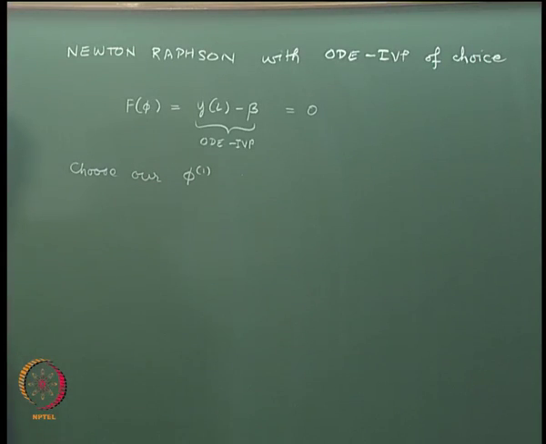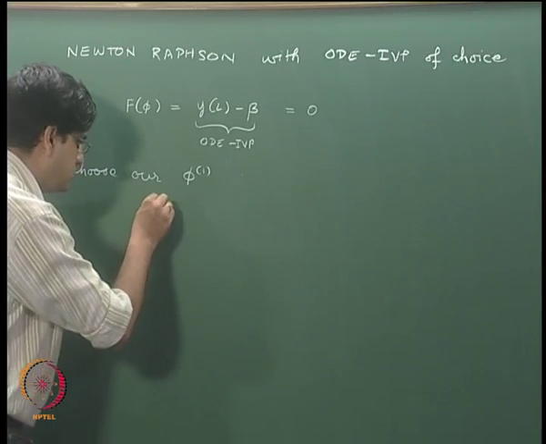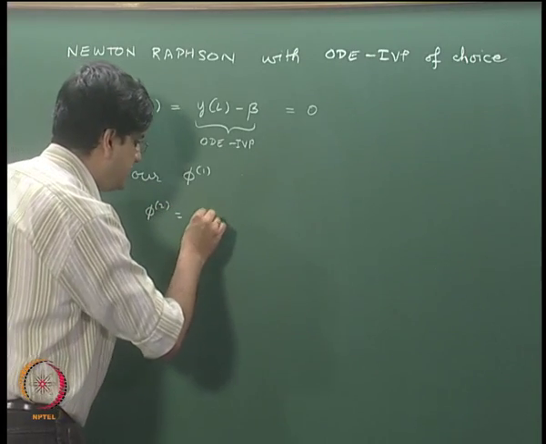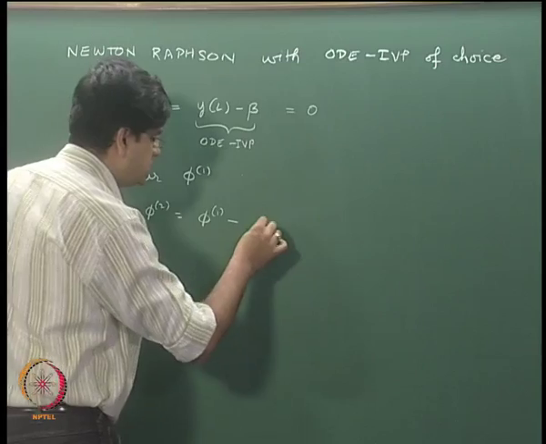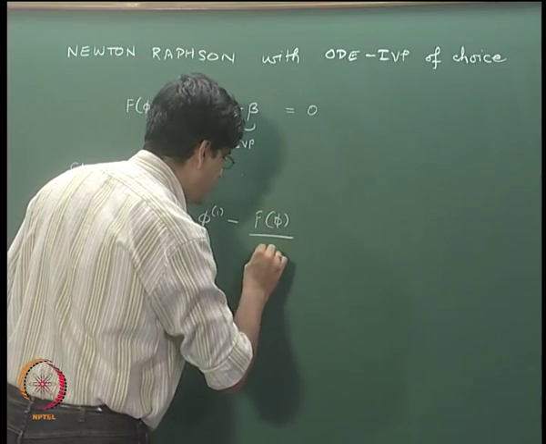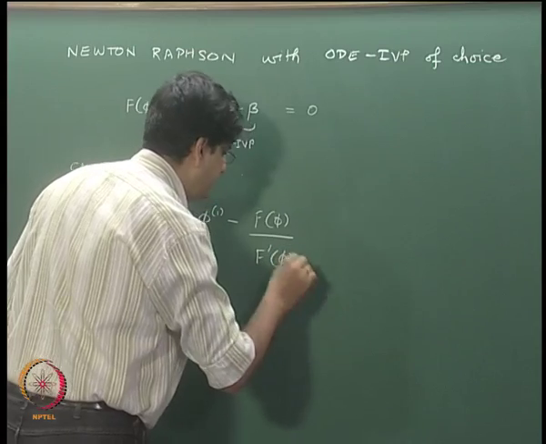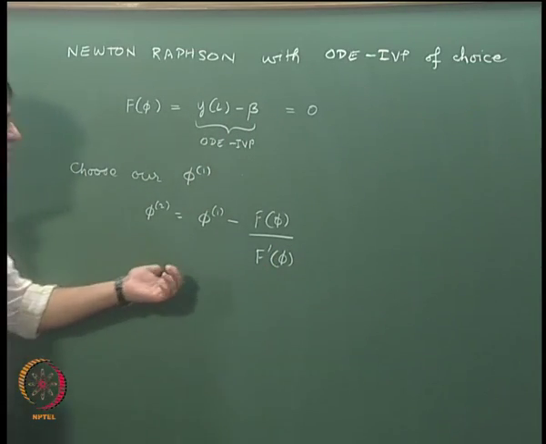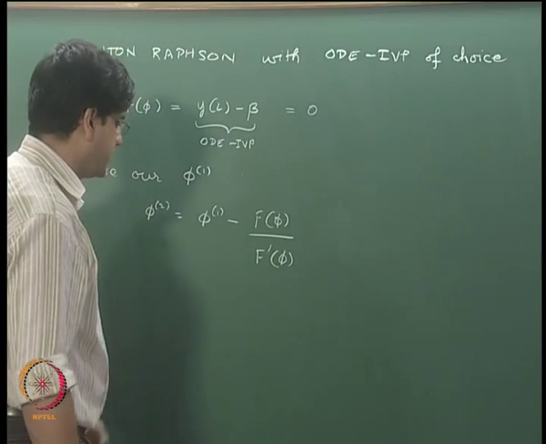The next guess phi 2 is going to be obtained as phi 1 minus f of phi divided by f dash of phi, where f dash we can obtain through numerical derivatives.